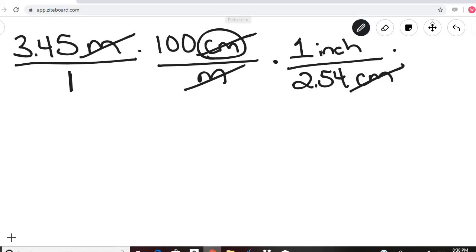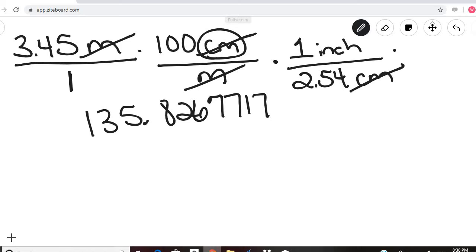So 3.45 times 100, so we're going to multiply across the top and divide by the bottom, divide by 2.54, and you will end up with 135.826717 inches.